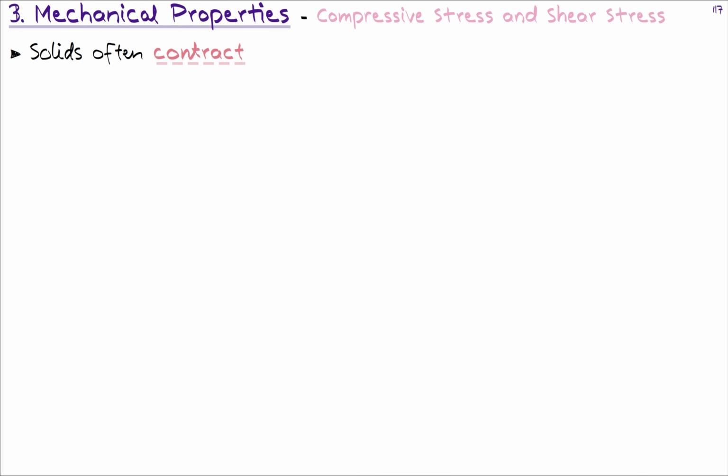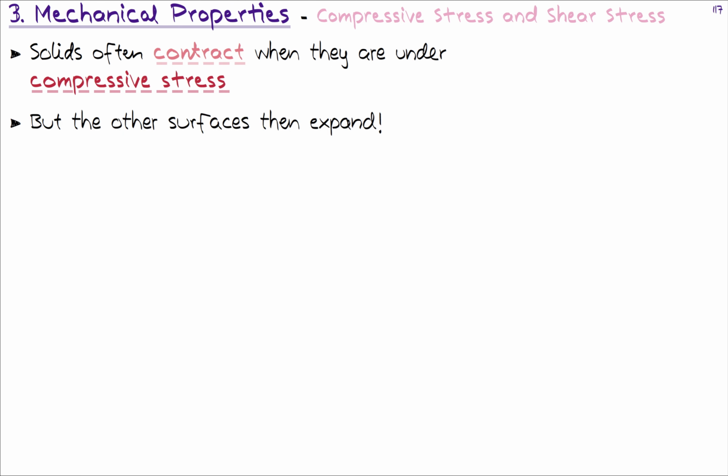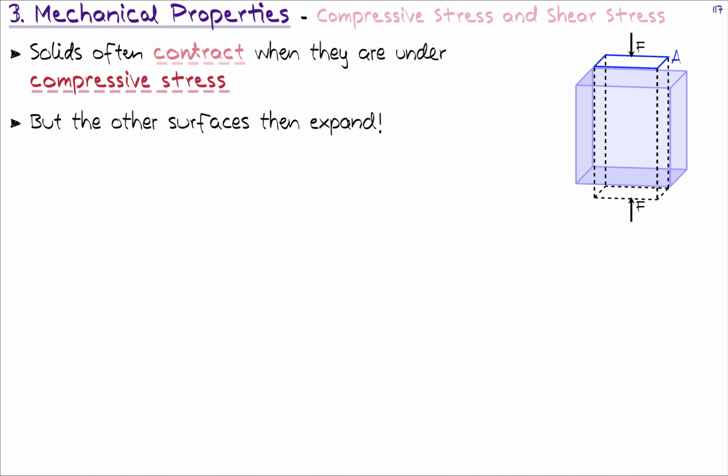Solids often contract when they are under a compressive stress, and this is what happens in the picture. When we press a material, it compresses along this direction, but in the other directions it usually bulges out, so that it actually expands in these other directions.